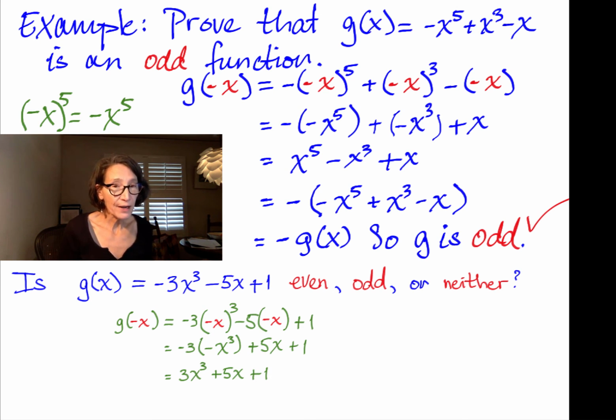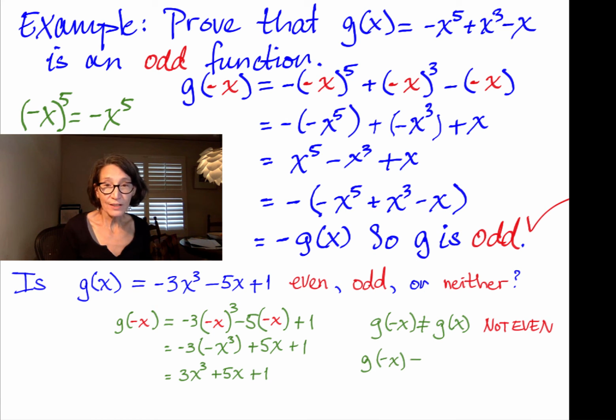And now I compare it to my original polynomial, g of x. Is g of negative x equal to g of x? No, it's not, because g of x has a negative first and second term, but the third term is positive. So they're not equal. And so it is not even.